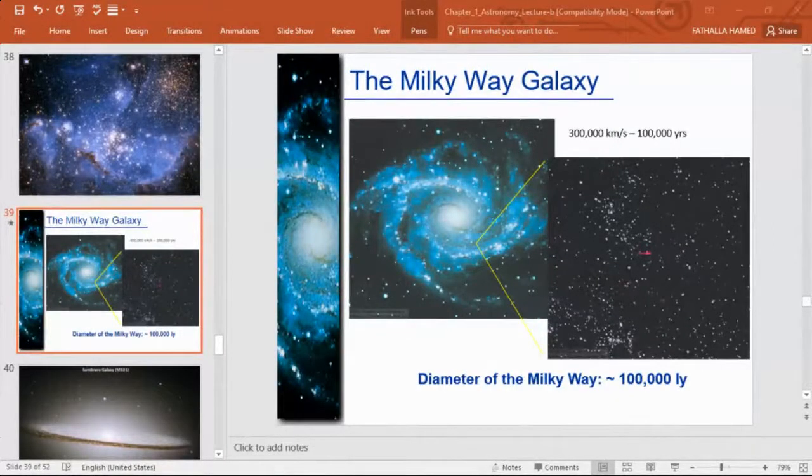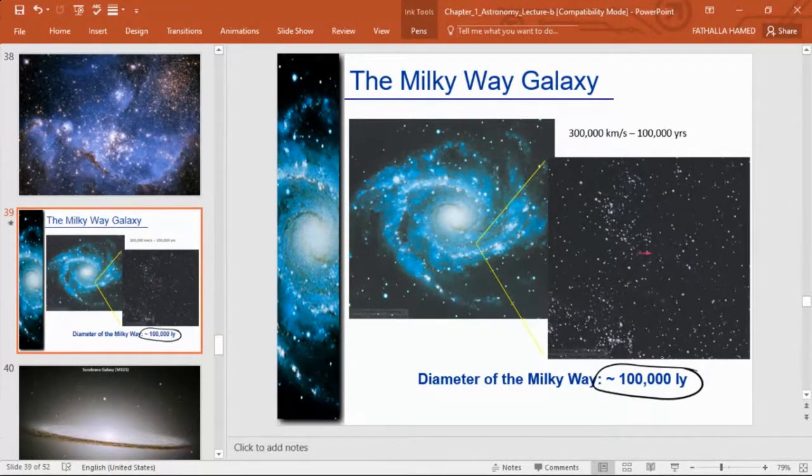All right. In the last lecture, we stopped here where we got to the Milky Way galaxy. And the Milky Way galaxy, as I told you in the last lecture, has a diameter of about 100,000 light years. That's huge.